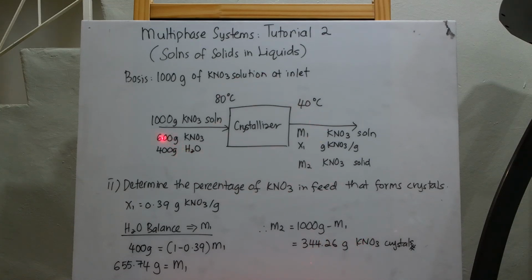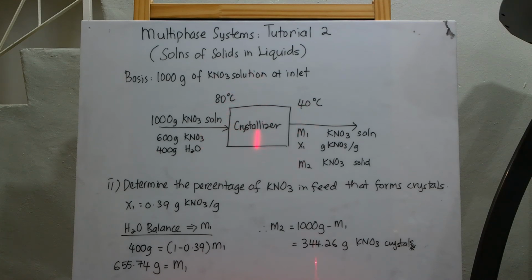Initially we have 300 gram of potassium nitrate, and 344.26 becomes crystals when we cool this solution from 80 degrees C to 40 degrees C.